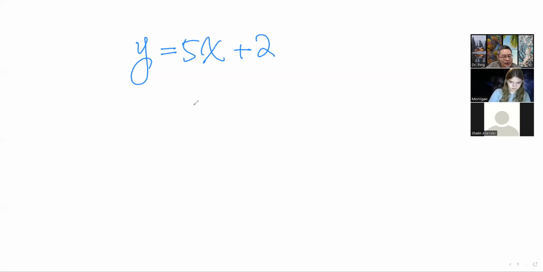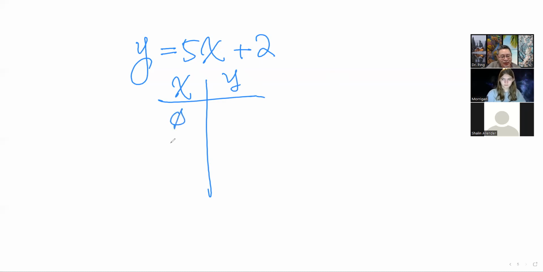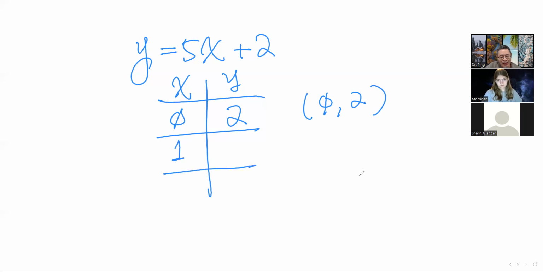Okay, so first point, remember, even though it doesn't matter how we pick the x, it's always easiest to pick 0 and 1. So when x is 0, what is our y? It's 5 times 0 plus 2, 2. So that's our first point, 0, comma 2. The second one, we can say x is 1, what will be our y? 7.